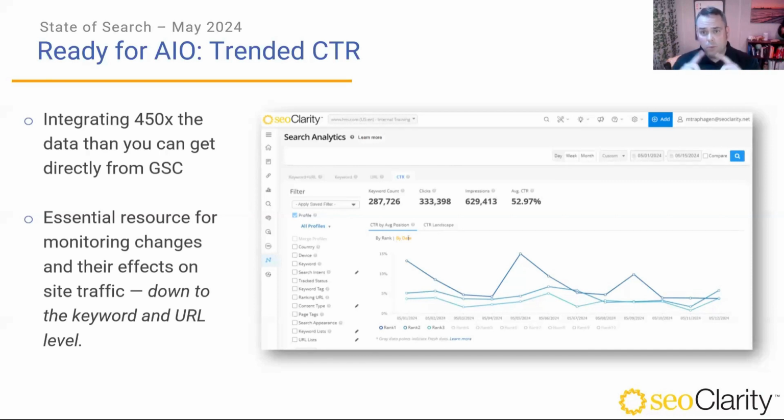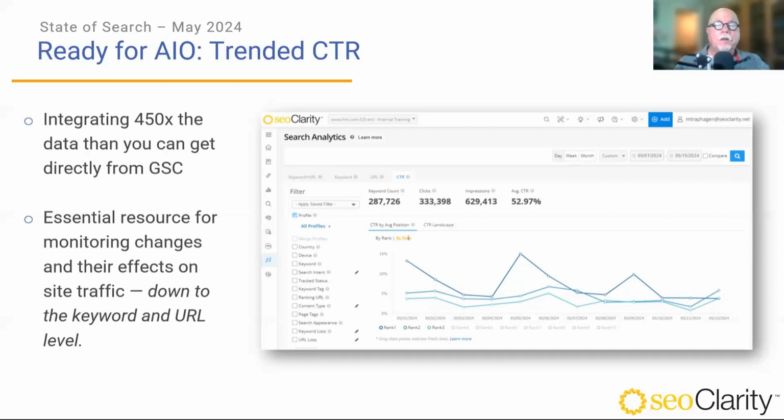So now, more holistically, if AIO is showing up or any other big feature is showing up, it may not be showing up on every result and every day or every time of the day. So now you can see, coupled with all the other data, log file data that we have, crawl data, ranking data, really understand what the overall impact is with these features.